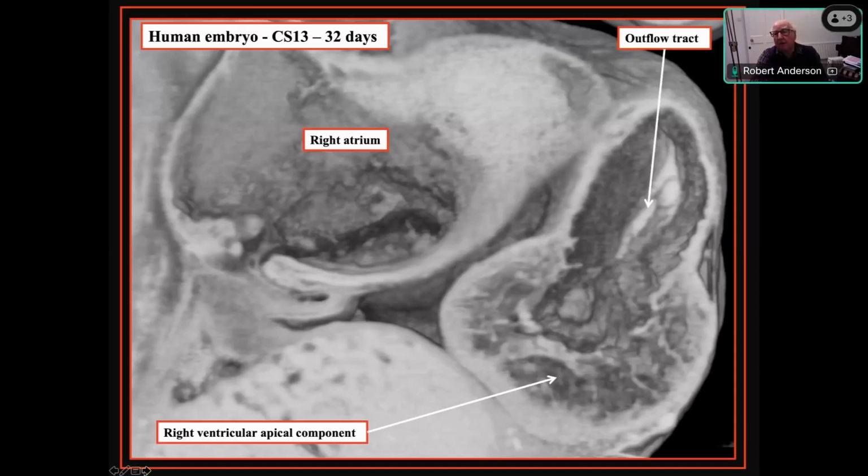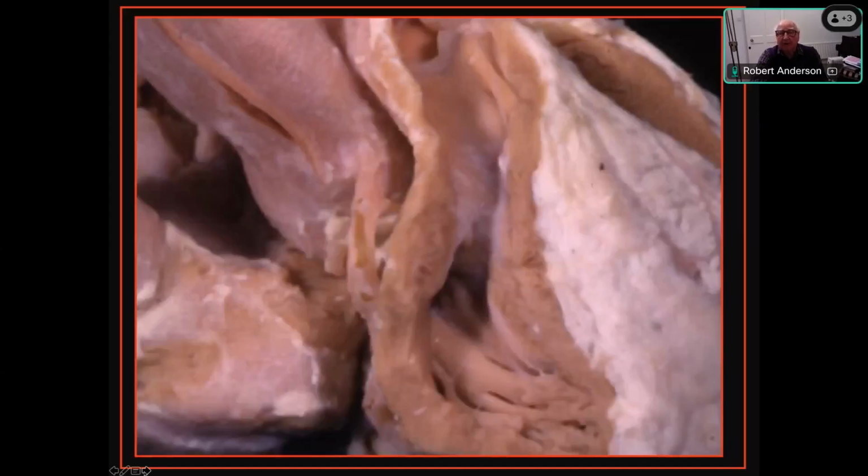So all the blood that is going into this outflow tract, originating from the right atrium, going into the left atrium and the left ventricle, has to come through the embryonic interventricular communication because the right ventricle lacks its own inlet.